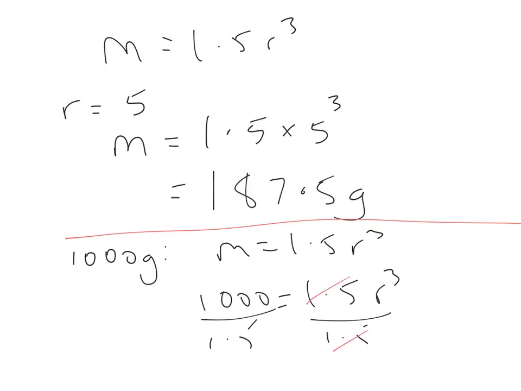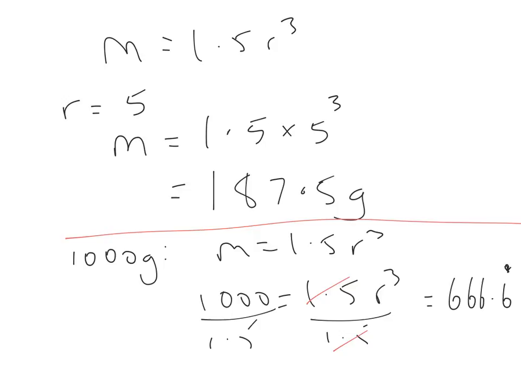That cancels it away, and 1,000 divided by 1.5 is 666.6 recurring.